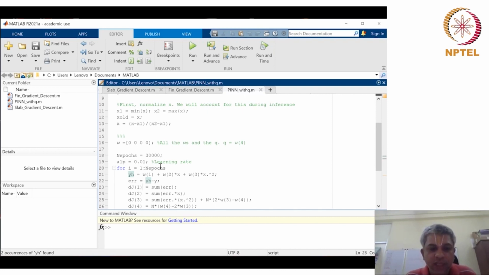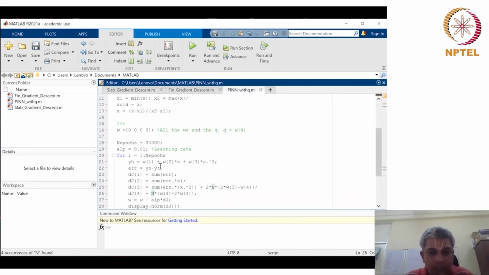So you can see that my first gradient is y hat minus y, second gradient is y hat minus y multiplied by x, third is y hat minus y multiplied by x square, plus there should be a factor of 2 here. And fourth is, okay, I think I have a minus sign which is off.